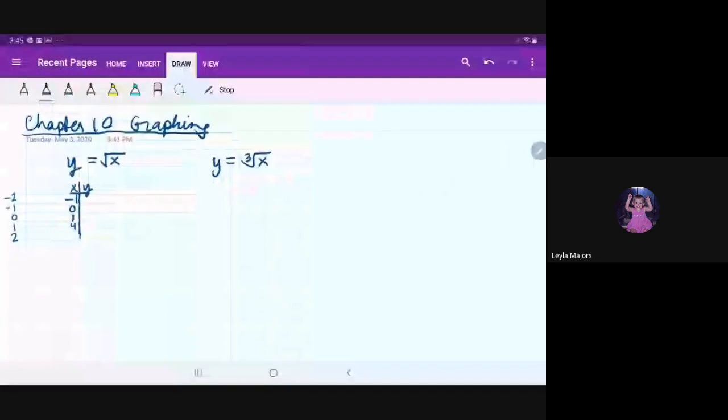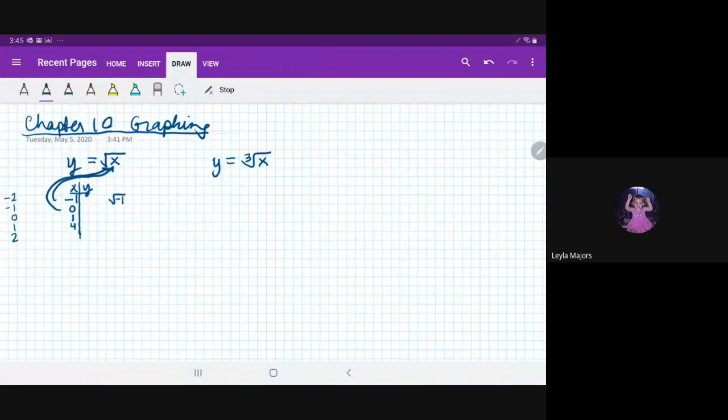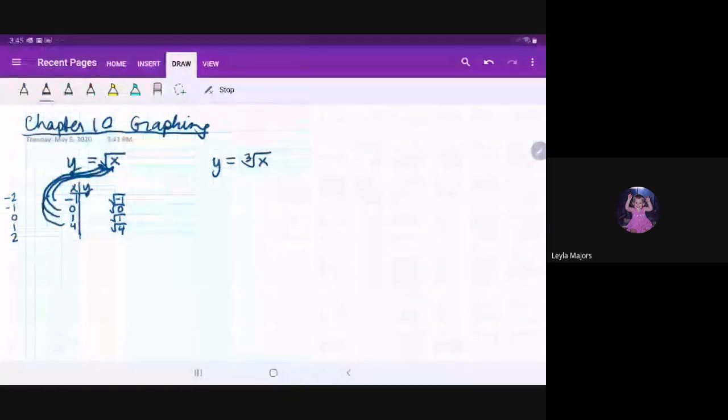Okay, so remember graphing, we haven't done graphing in a couple months, is you substitute the number into the equation. So those are our values. Now, you guys said you knew what the square root of 4 was, but what is it?